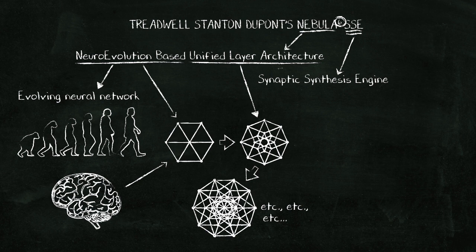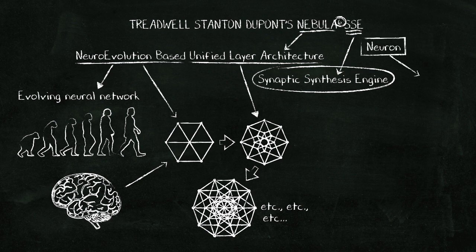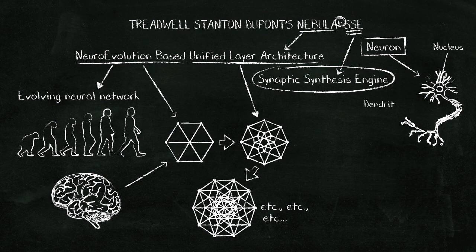This is what the Synaptic Synthesis Engine does. It evolves layers of neurons and synaptic connections, through time. To better understand this, let's take a look at how a real biological neuron works. In simple terms, a neuron is composed of a nucleus, dendrites.